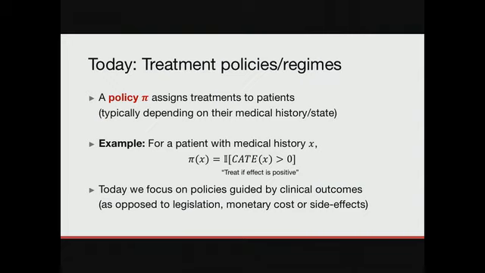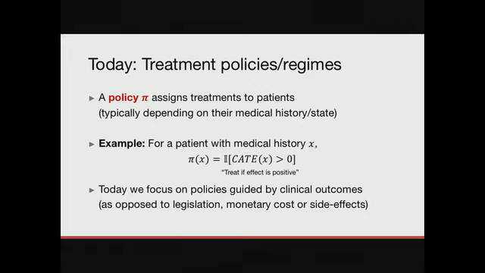What I mean by that specifically is something that takes into account what we know about a patient and produces a choice or an action as an output. Typically, we'll think of policies as depending on medical history, perhaps which treatments they have received previously, what state the patient is currently in. But we can also base it purely on this number that we produced last time, the conditional average treatment effect.